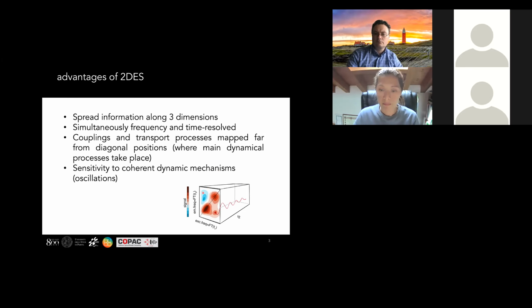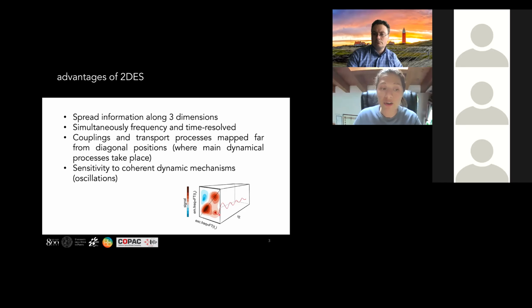Now, the peculiar physical origin of the signal appearing in this multidimensional response is such that the response is sensitive to couplings and transport processes, which are mapped at positions off diagonal in these correlation maps.